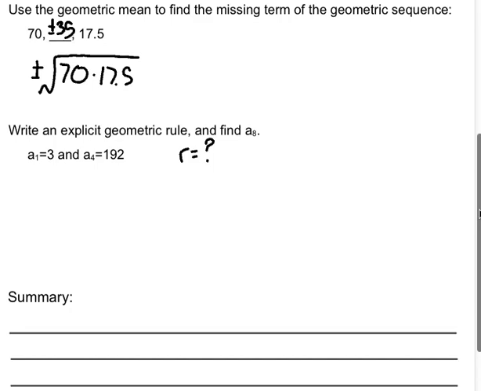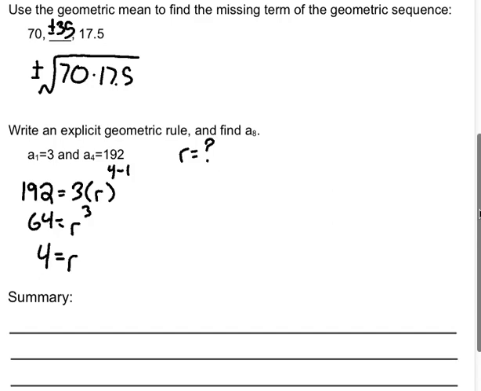So let's use the geometric structure to find r. 192 equals the first term times a rate which we don't know to the n minus 1 power. Let's divide that 3 off. So 64 equals r to the third. So I cube root both sides now. I need to get rid of that third power. So I cube root both sides to get my rate is 4.